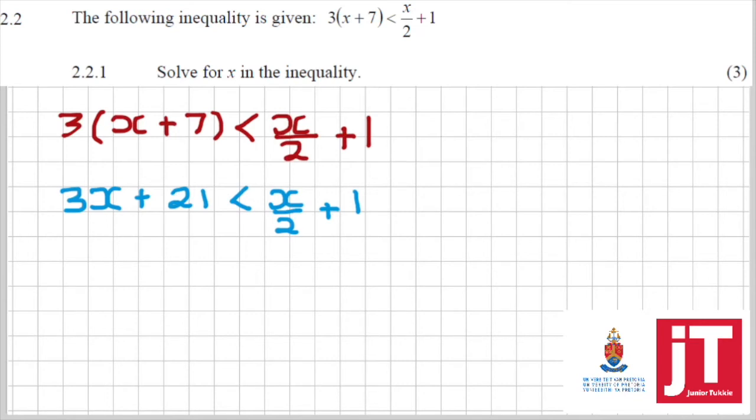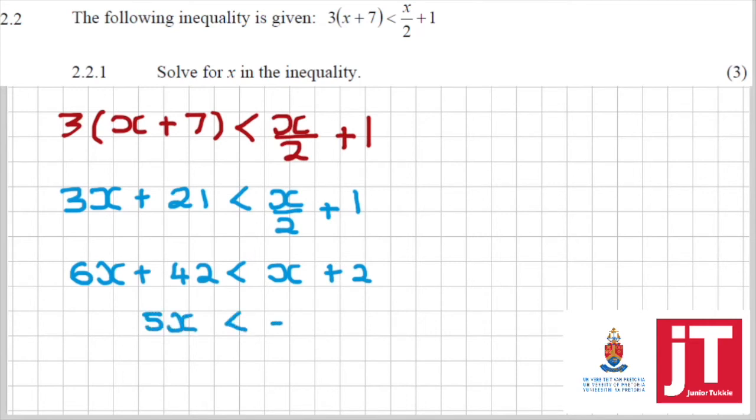The LCD is 2, so you multiply each term by 2. You're going to get 6x plus 42 less than x plus 2. It's now a linear inequality. Grouping like terms, we get 5x less than negative 40. Thereafter, in conclusion, our x is less than negative 8. We've solved for our inequality.